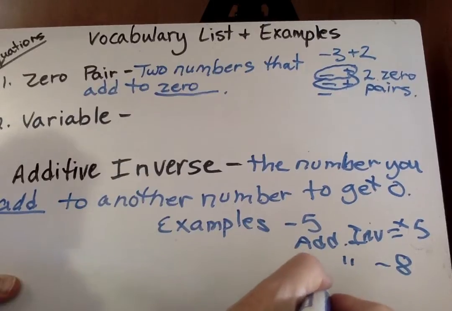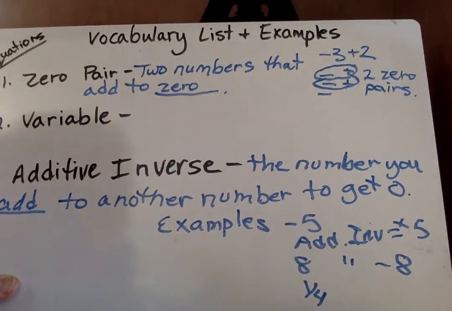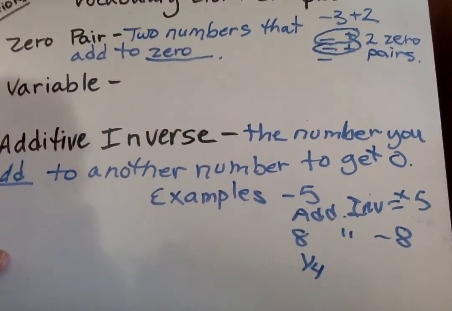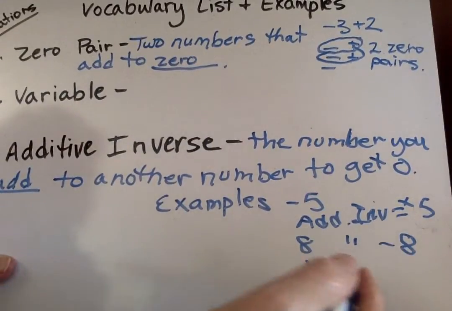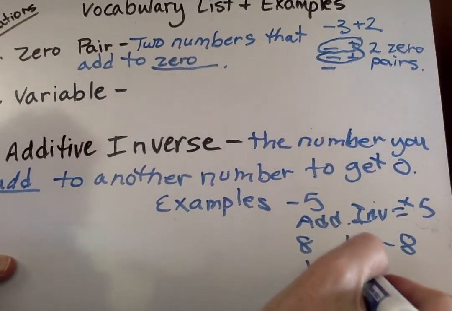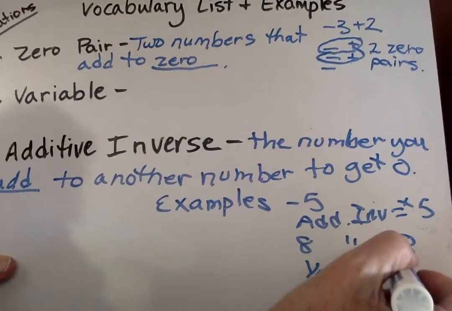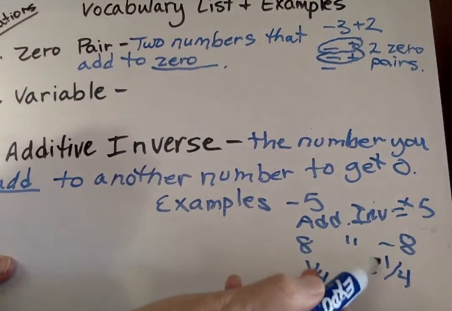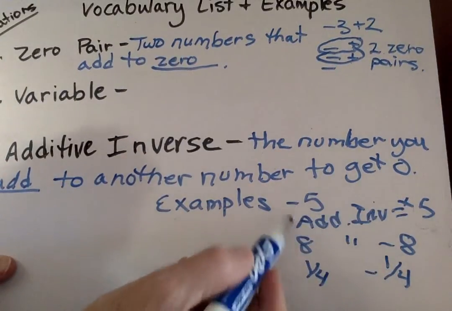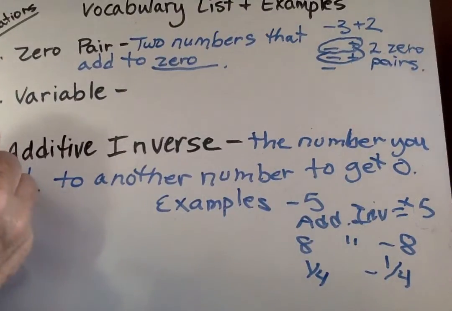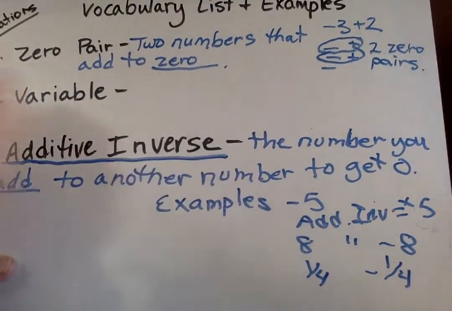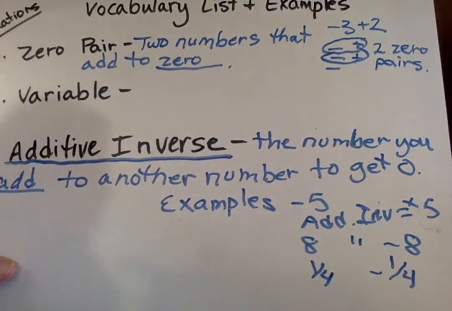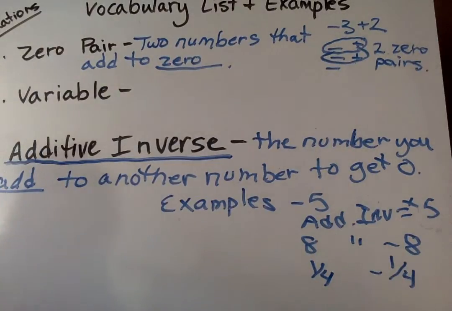If I have 1/4, can you see that okay? If I have 1/4, the additive inverse is -1/4. So it's either a negative or a positive of the number that you've been given. So when I say additive inverse here, you all should know what I'm talking about. Okay, next we're going to go on to variable.